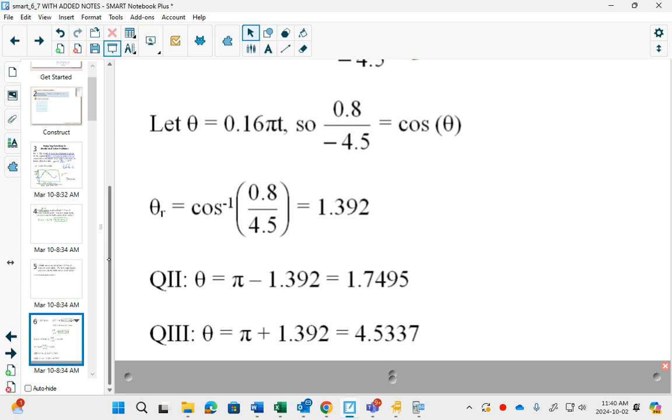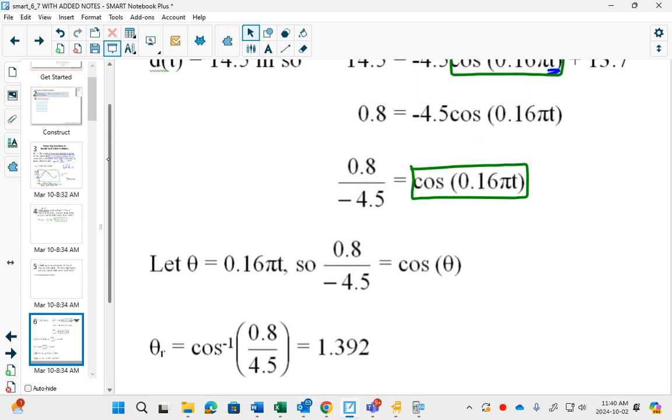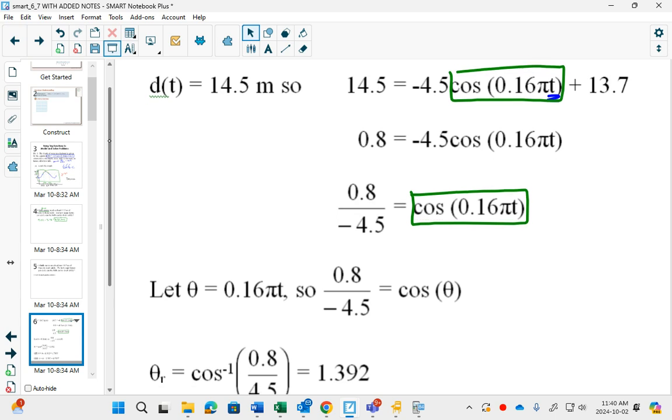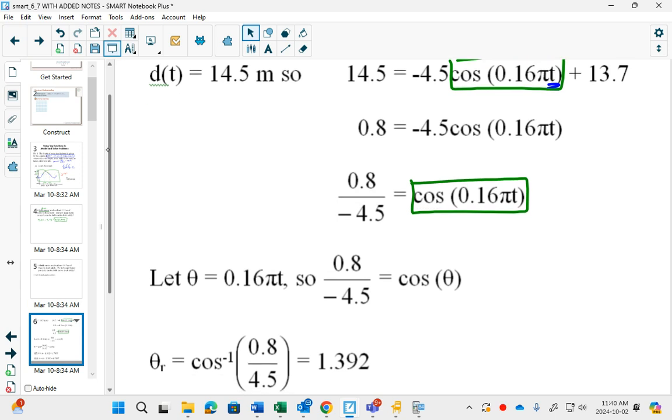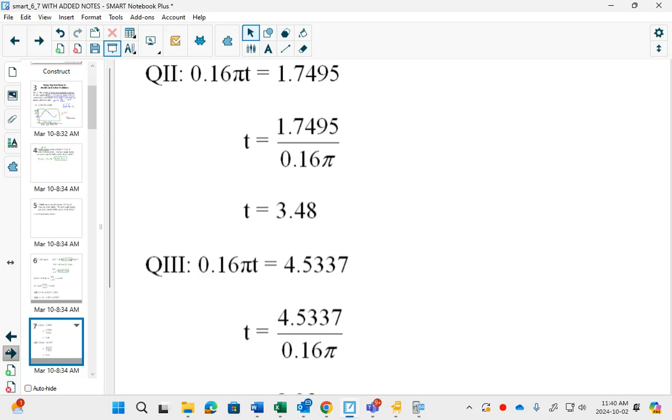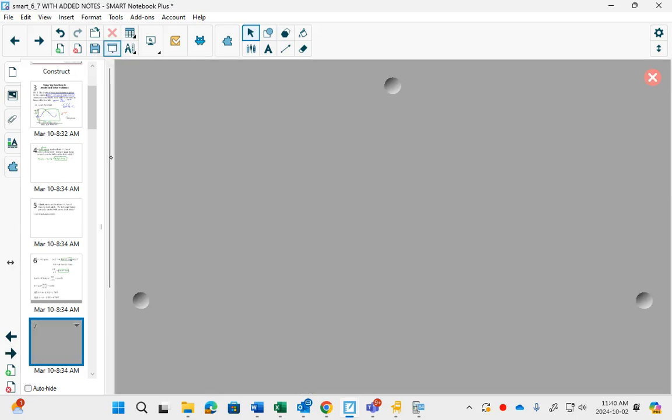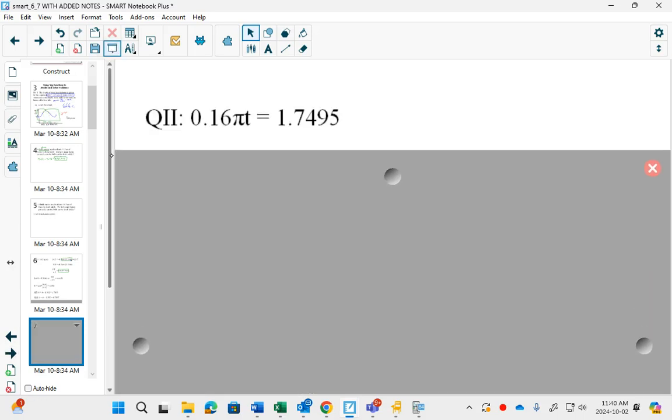But we're not trying to solve for theta, we wanted to solve for t. But we know that theta equals this. So now we use theta just temporarily to make our life a little bit easier. And now we can substitute back. Now I substitute back the 0.16 pi t for the 1.74.